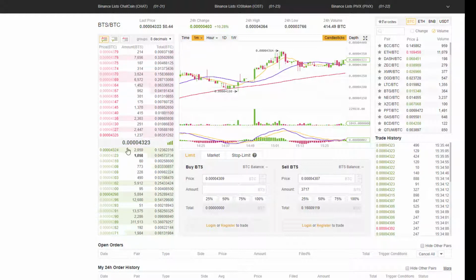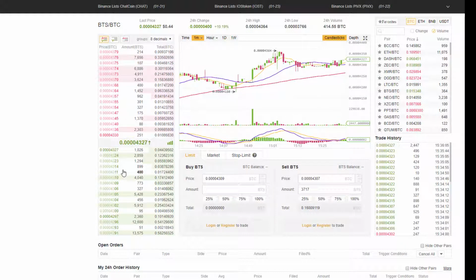Now, the other thing that you'll see too is that you want to see, ideally, the spread. So the spread here is 4310 and then 4323. You want to see it filled up as much as possible. That way, it shows that there's aggressive buying behavior on the buyer side, right?